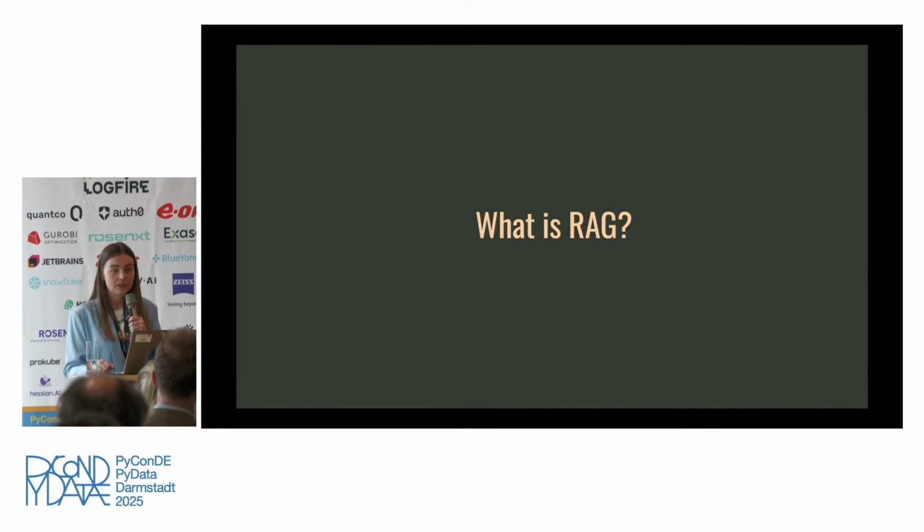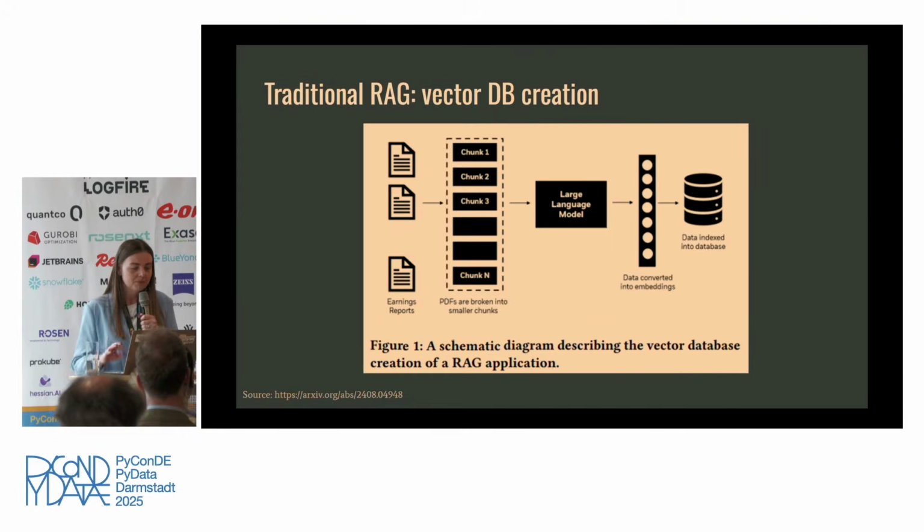Let's talk about RAG. I guess many of you are already familiar with RAG and have some experience. Just a quick show of hands. Okay, perfect. So I will keep it short and simple. Because a large language model has a context size limit, we cannot just squeeze long documents into the context. We need to chunk documents, like split documents into chunks.